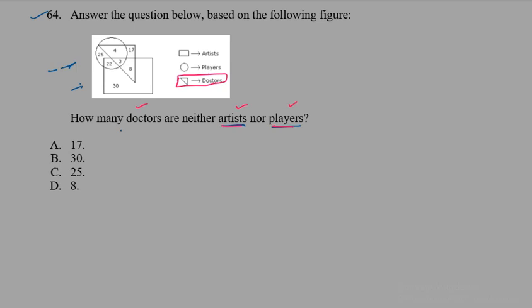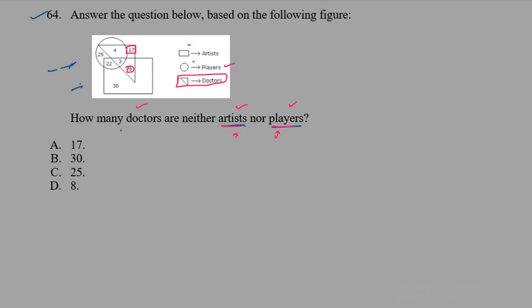In the triangle we have four numbers: 4, 17, 3 and 8. 4 belongs to the triangle as well as the circle, which means those 4 people are players, but they cannot be players or artists, so we cannot consider 4. And 3 belongs to all three, artists, players and doctors, but we need only doctors, so we will not consider 3 either.